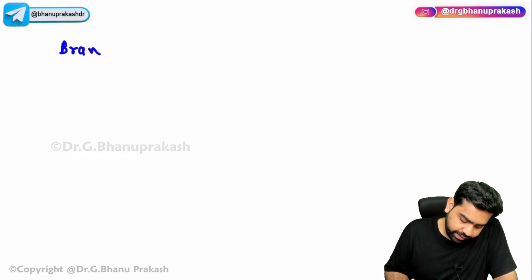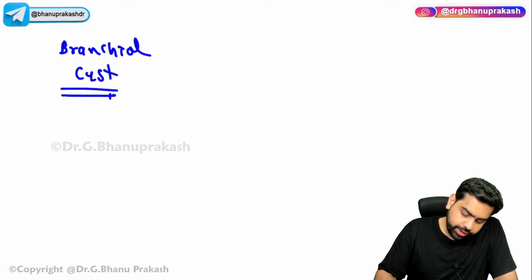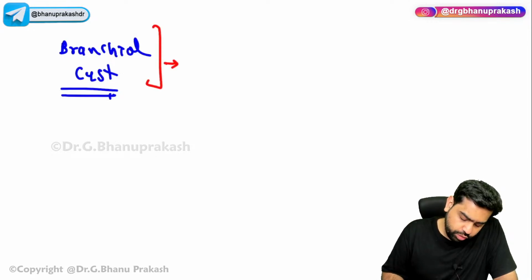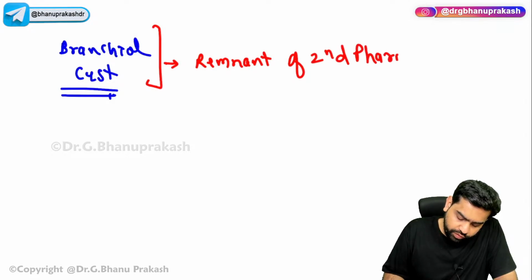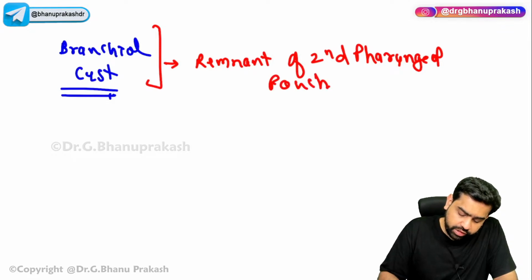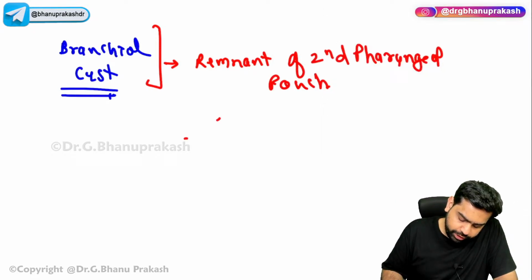The branchial cyst is basically the remnant of the second pharyngeal pouch. And what you basically have is the sternocleidomastoid muscle.